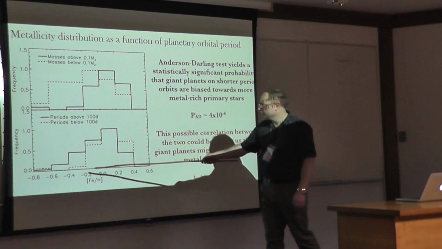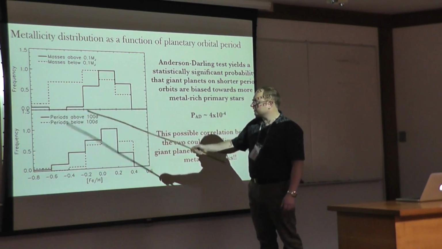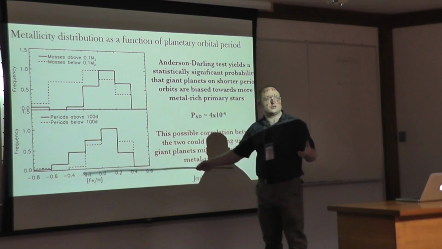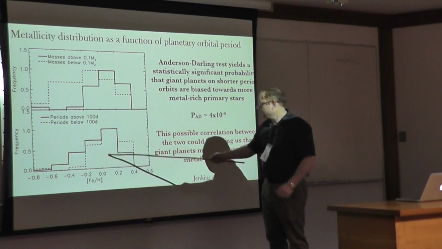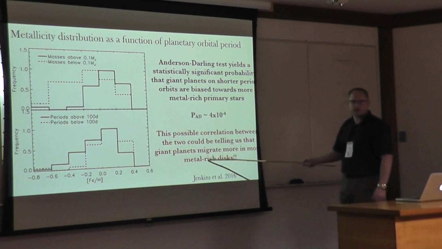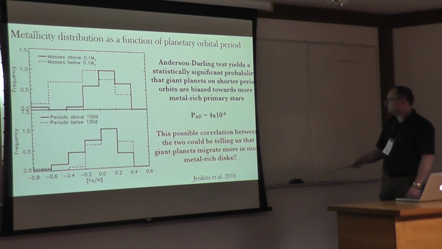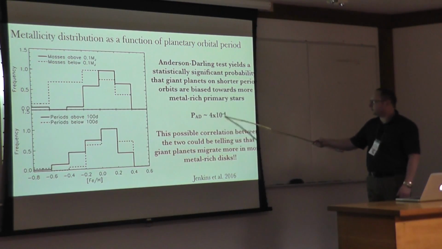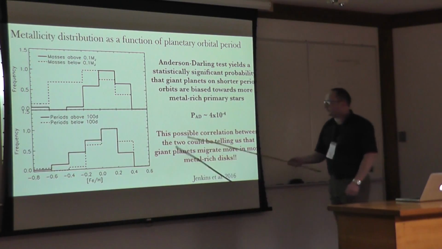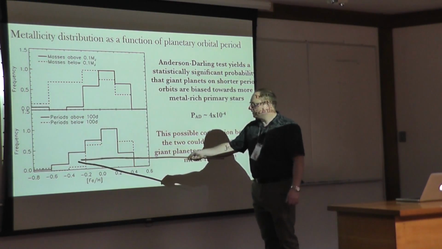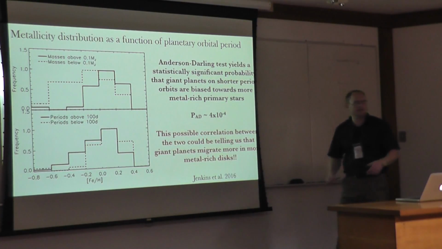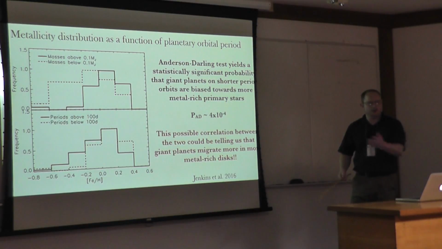And when we do that, you can see that the planets close to their stars, the planets on periods shorter than 100 days or so, may have a bias towards high metallicity. And if you run an Anderson-Darling test or so, then it turns out you get a probability that is statistically significant. So this is arguing that potentially there's a change in the distribution between nearby planets and further out planets.